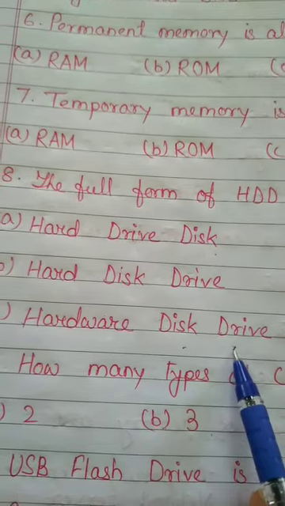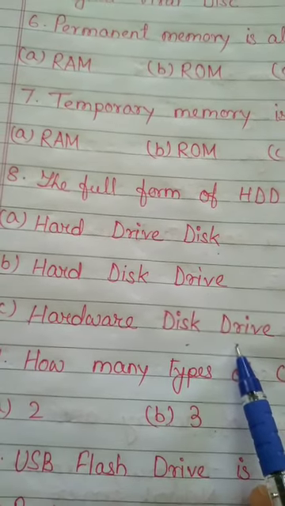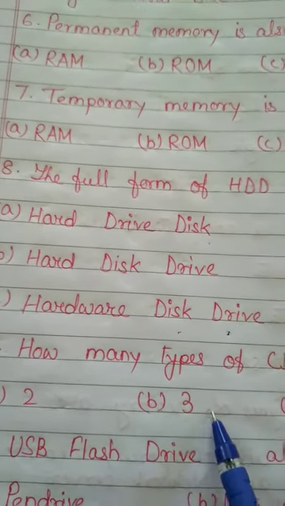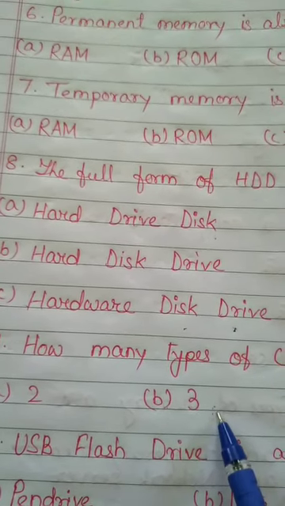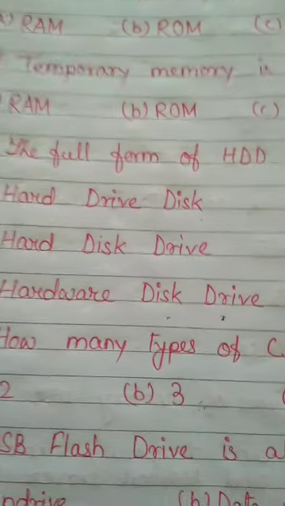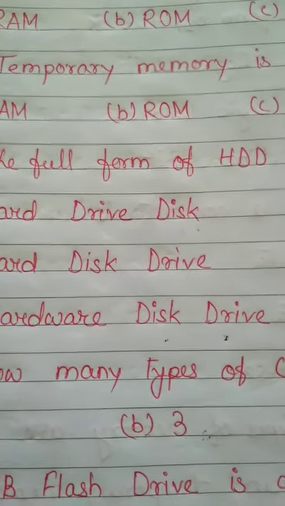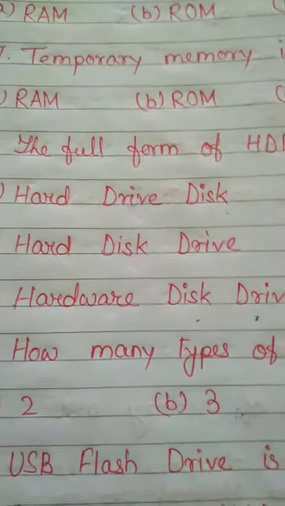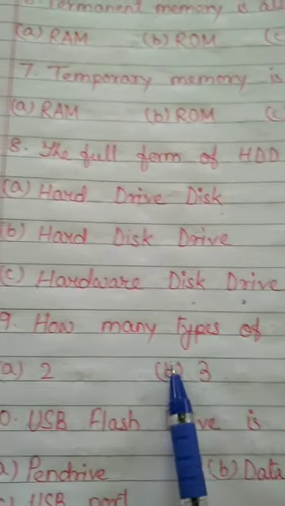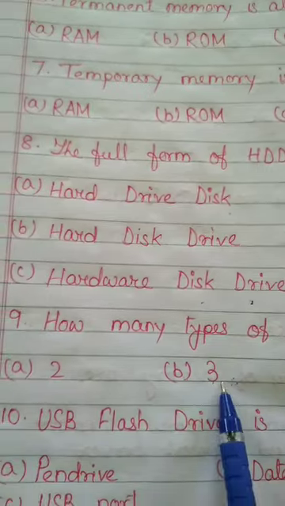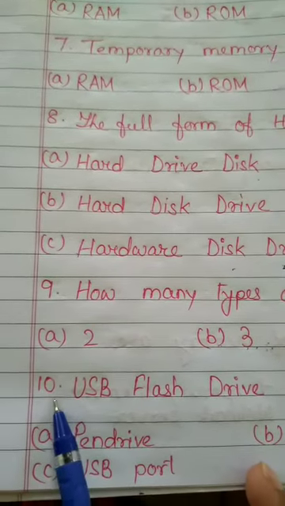Can you tell me? CD-ROM, CD-R, CD-RW. These are the three types of CDs. You will get this answer on page number 14 from chapter 3. So, for question 9, option B is correct. Moving to the next one.